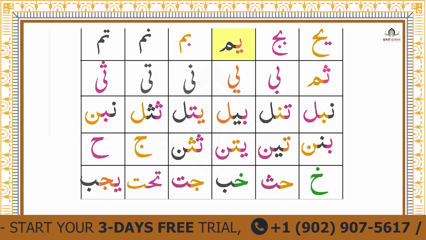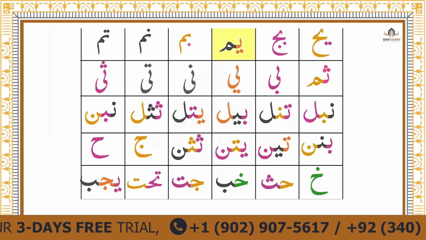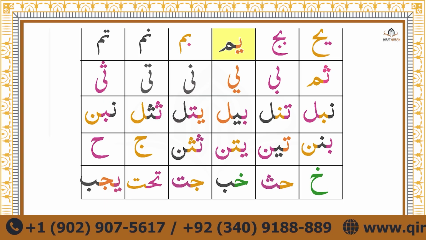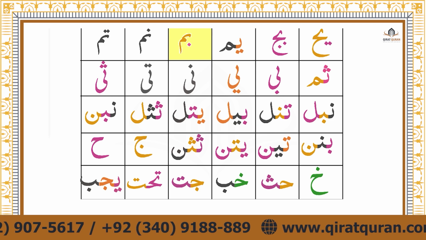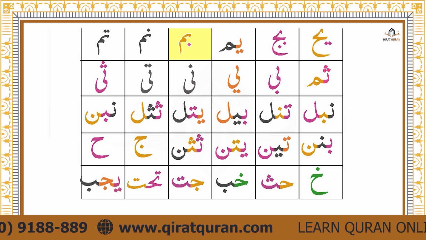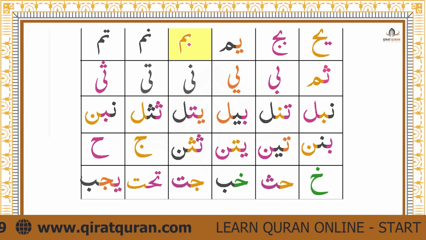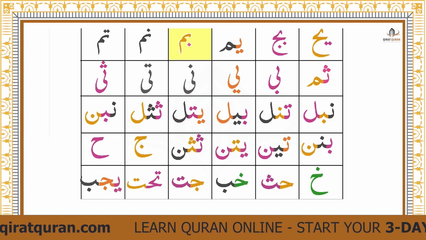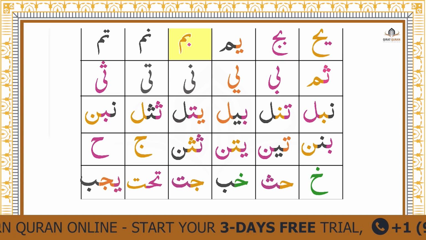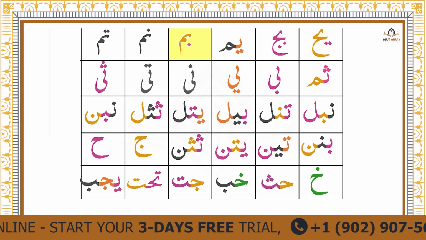Normally Mim comes like this, this is the normal shape of Mim. But sometimes it also looks like this. So this one is Mim, a round shape in the beginning and then a line coming down. So this is Mim, Ba, Mim.